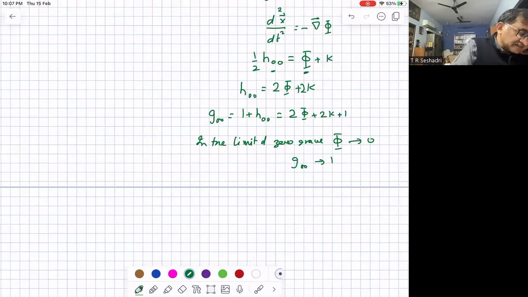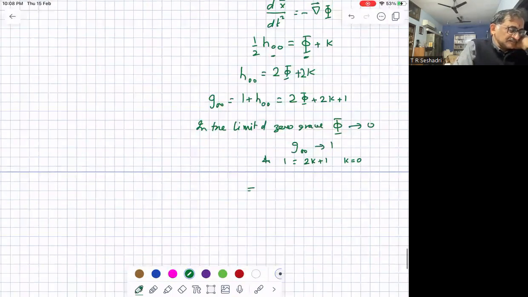So in this limit I should have 1 is equal to 2k plus 1, which means k equal to 0. Are you with me? Yeah. Which means that h00 is equal to 2 phi, and g00, my 00 component of the metric tensor, is nothing but 1 plus 2 phi.